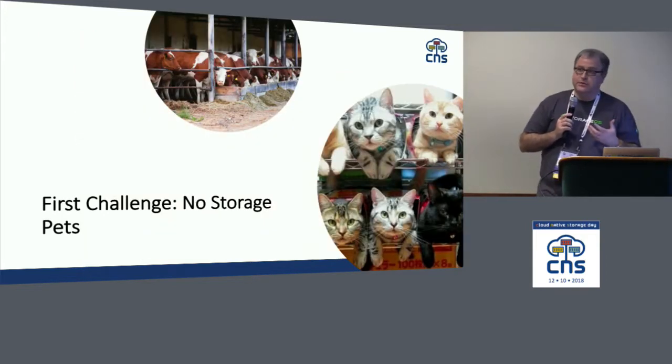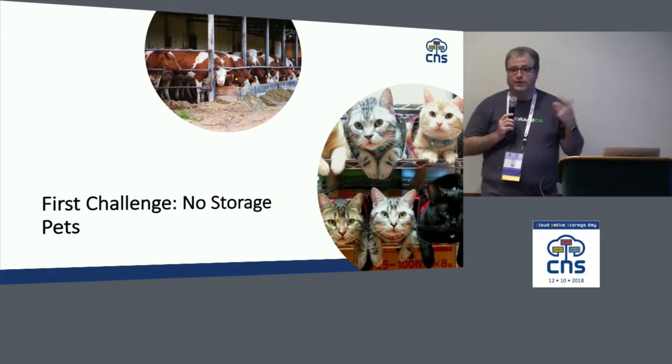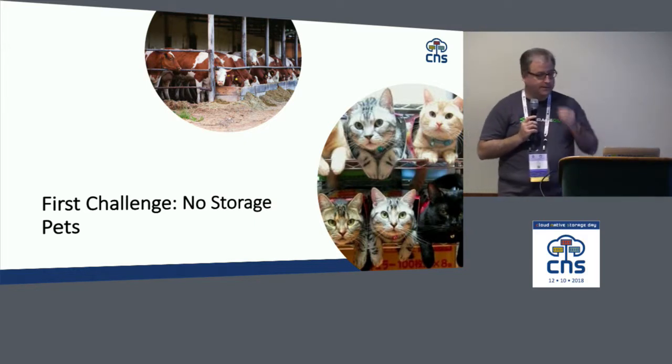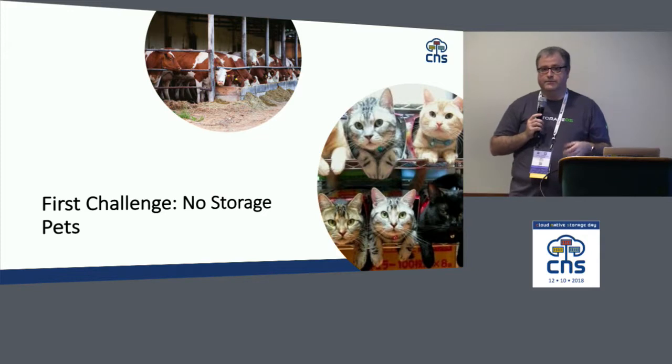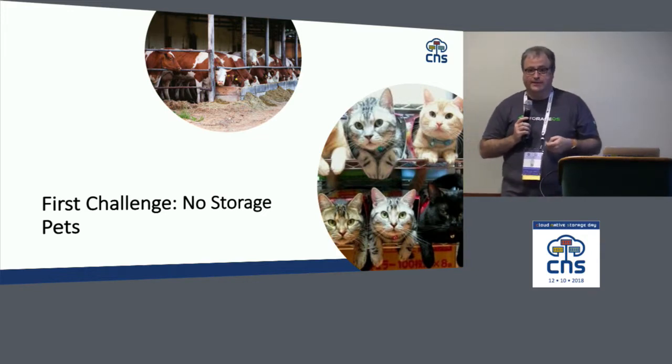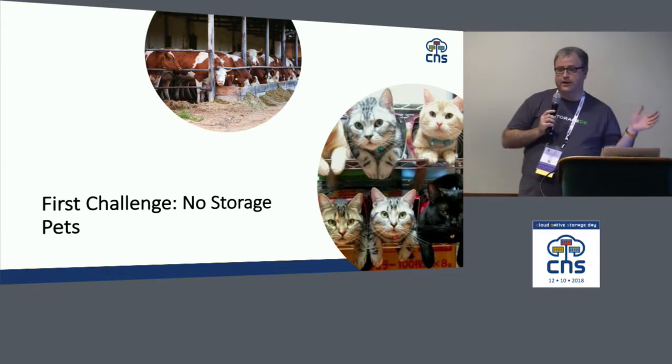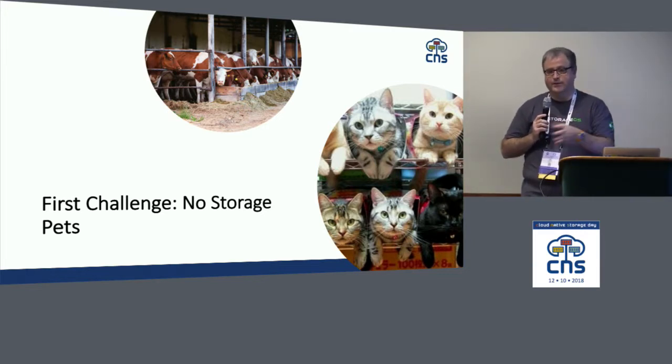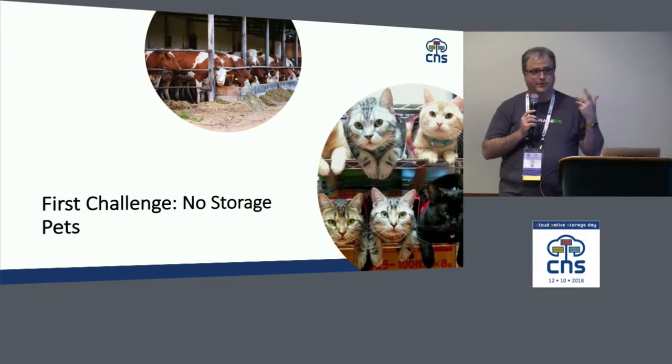And when it comes to storage systems for these cloud-native architectures, we have a bunch of challenges. The first challenge being that we don't want to have storage pets. So what do we mean by that? If you're familiar with containers and Kubernetes, you have this concept of pets versus cattle.